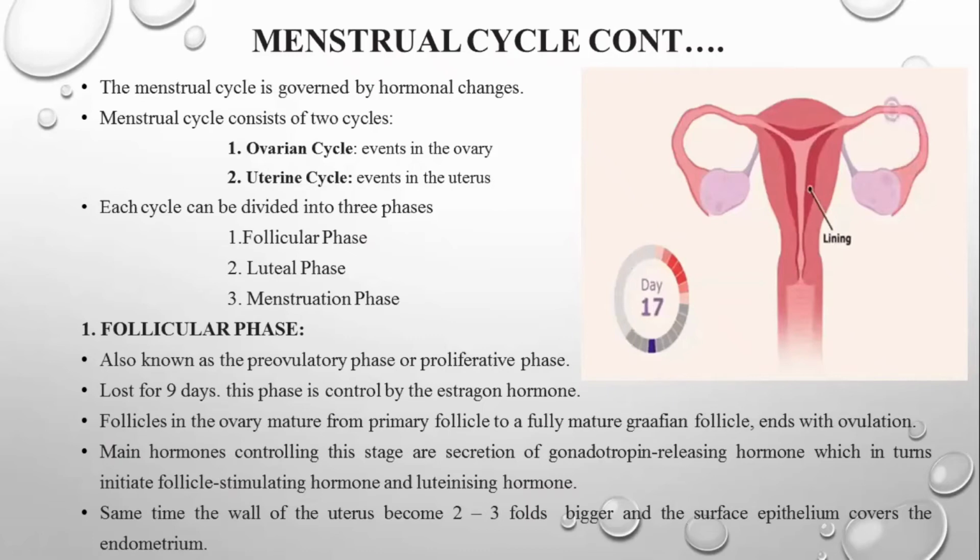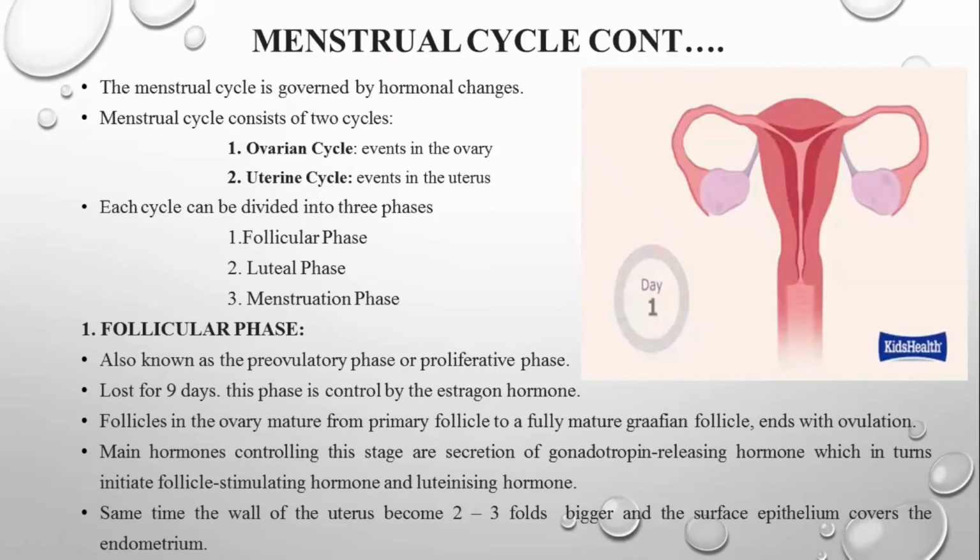The follicle in the ovary matures from the primary follicle to a fully matured Graafian follicle. Lots of follicles are present inside the ovary, from which the matured follicle, which we call the Graafian follicle, is chosen, and it ends up with ovulation by sending the secondary oocyte out of your ovary into the fallopian tube.